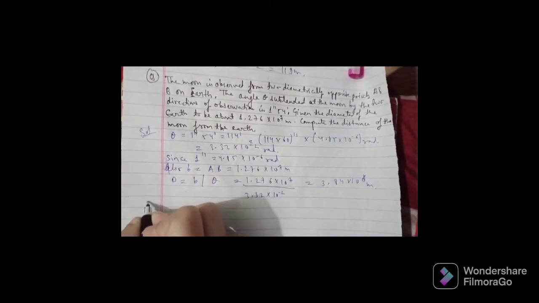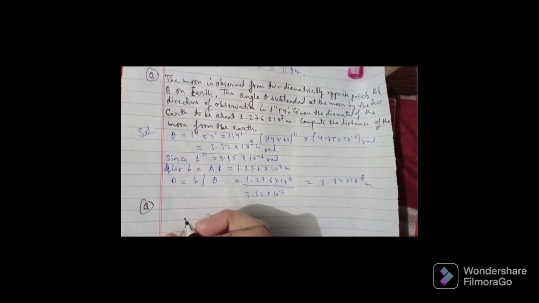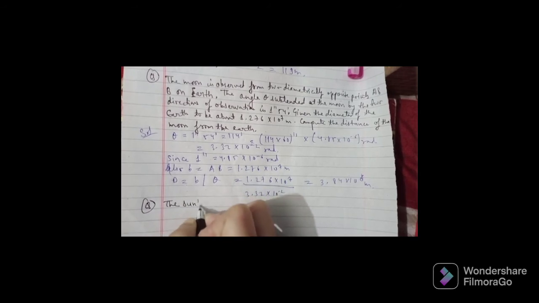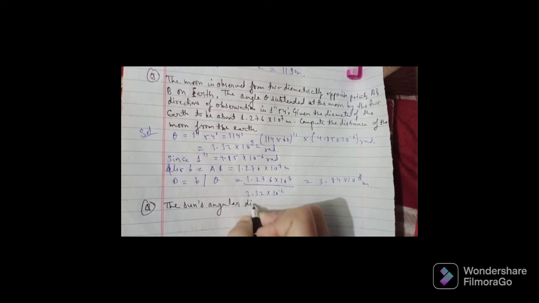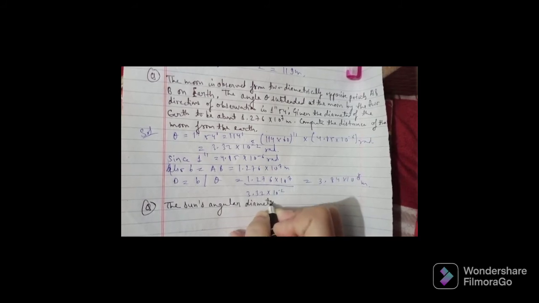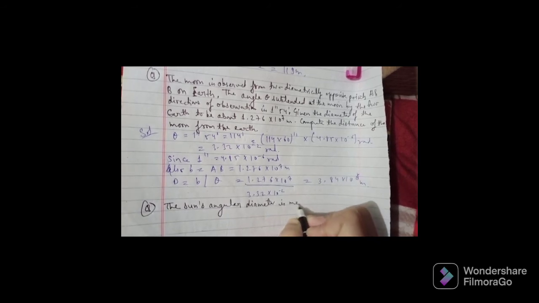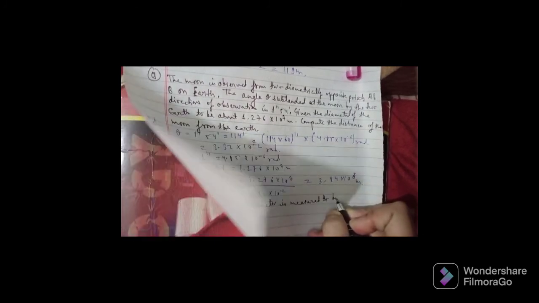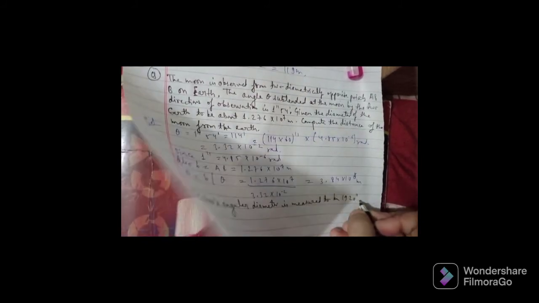Here we go. The question: the sun's angular diameter is measured to be 1920 minutes.